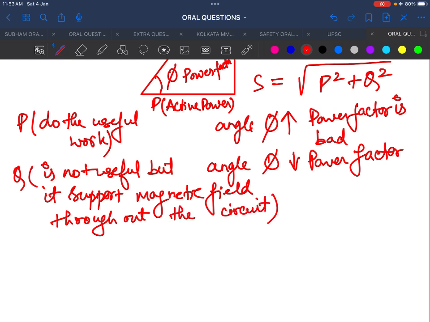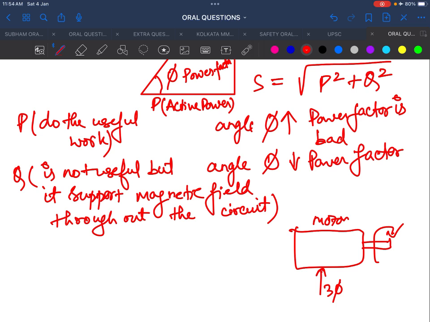You understand, like a motor, if you give this motor a 3 phase supply, it will create a rotating magnetic field. This rotating magnetic field cuts the rotor bars, and then a secondary magnetic field is produced. When they interact with each other, a force is developed which converts into rotational motion, that is the torque. Then the motor starts rotating. So this magnetic field is very important.